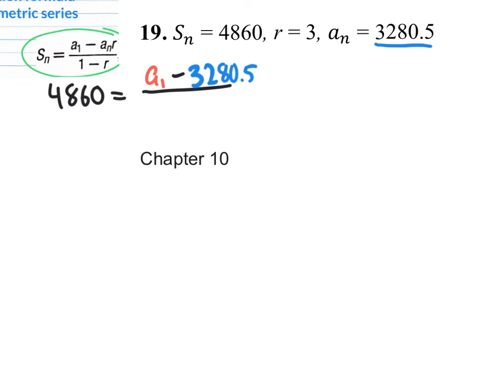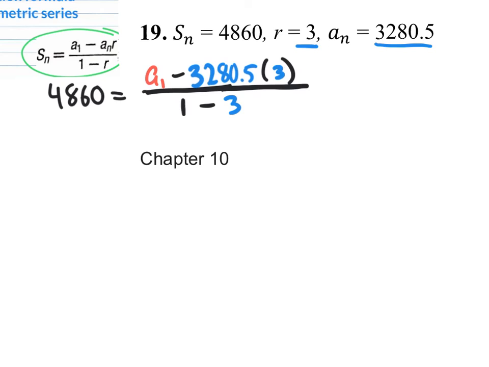But don't forget about the r that we need to multiply by, right? It says times r. So let's put times the r, and you could clearly see that r is 3, so put a 3 right there. And that's on the numerator. And in the denominator, we have 1 minus that common ratio, which again is 3.